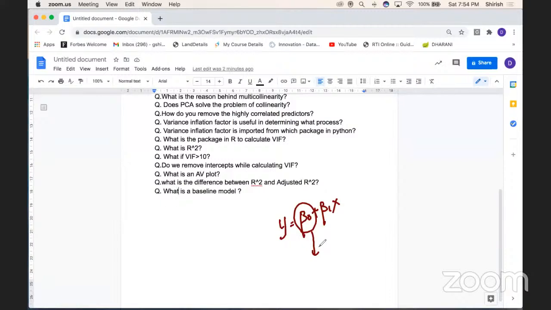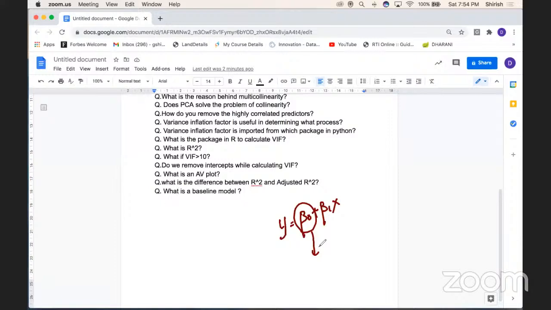So when you say beta naught, when no variable is there, it is nothing but the average, which is not affecting your estimate. For univariate, beta naught is called as average for any univariate model. It is your average.